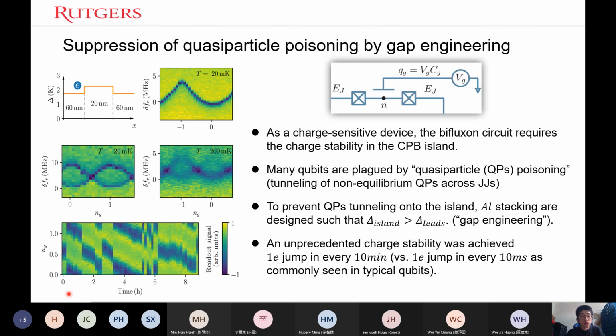In this curve, we show what I would call an achievement. Each discontinuous line here is a jump, and this unit is in hours. So in 8 hours, we have only a handful of jumps. Conservatively speaking, that is about 10 minutes per jump, versus 1 jump every 10 milliseconds as seen in many typical charge-sensitive qubits.